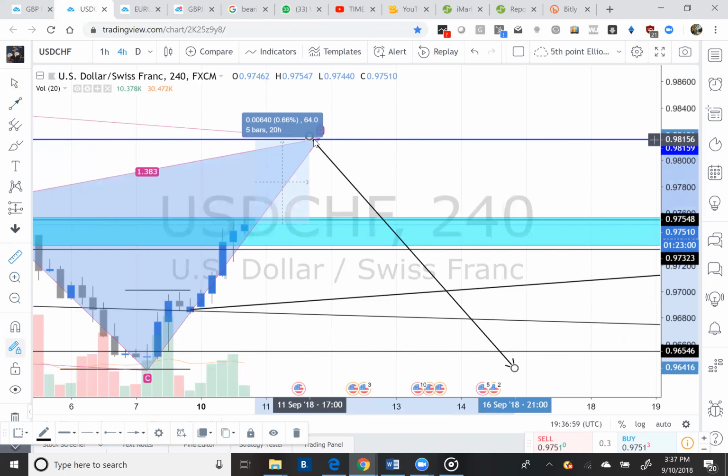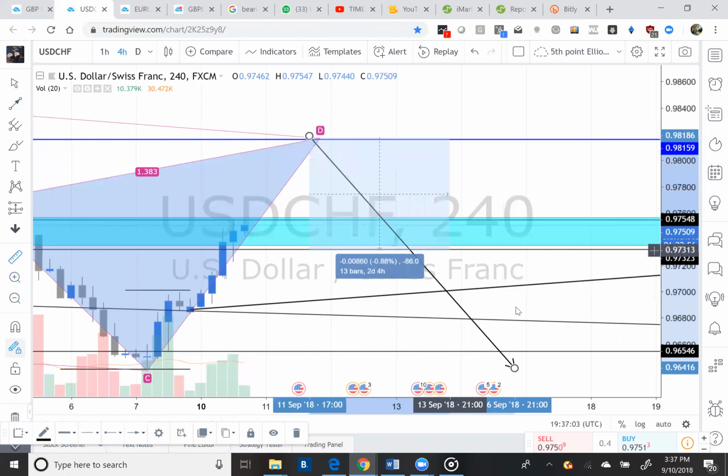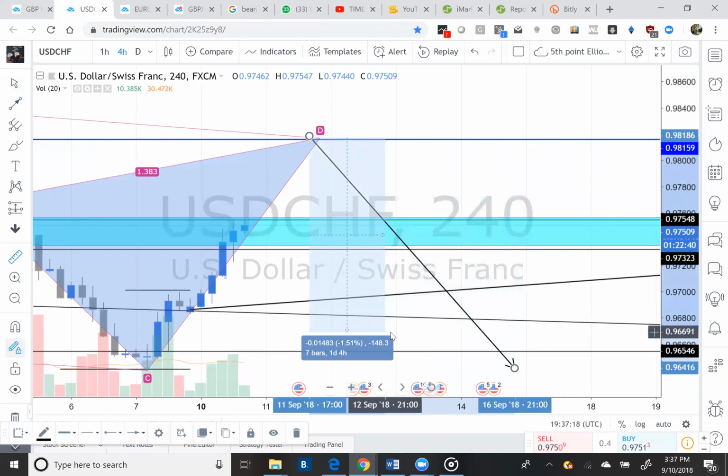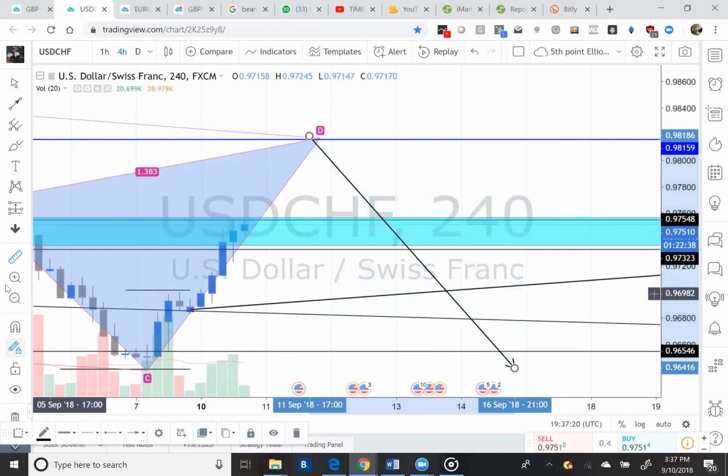And from the D point back down to the C point, to the take profit level, is another 175 pips. So what we are seeing here is a total of 175.2 pips plus 63.5, right?